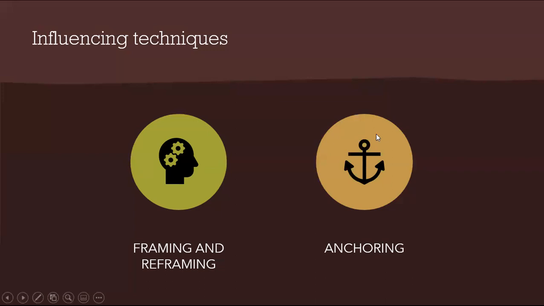By using anchoring, you are referring to something that repeatedly appears in the discussion, and by some chance the other party may agree to that because they are influenced by anchoring.